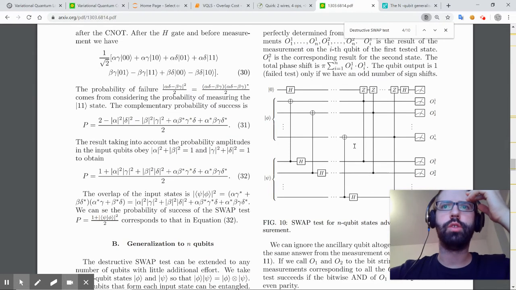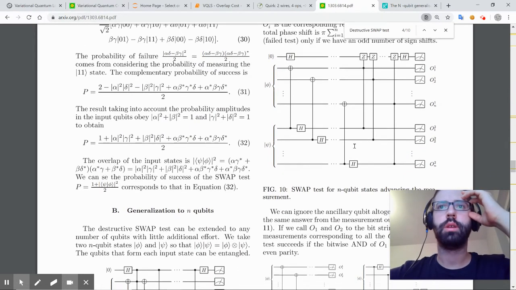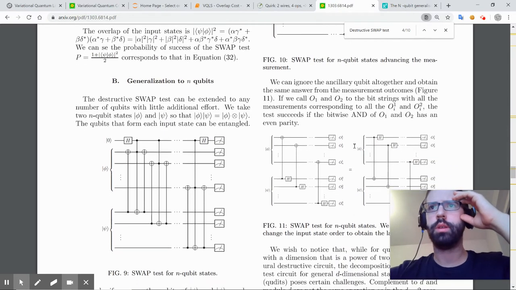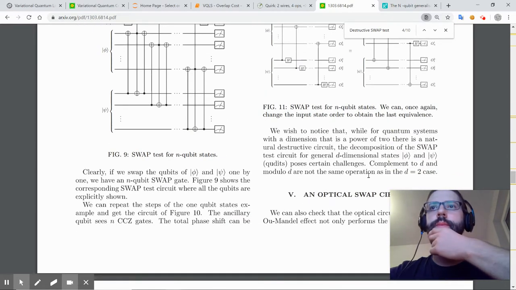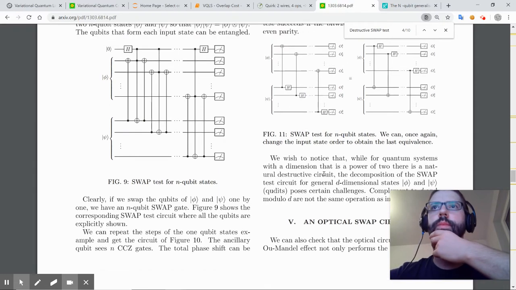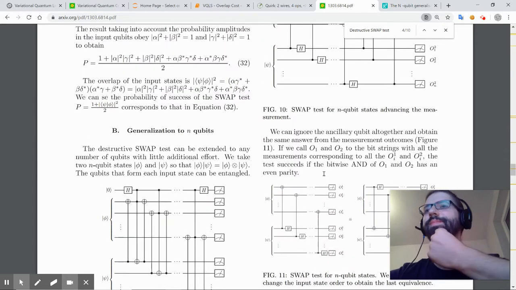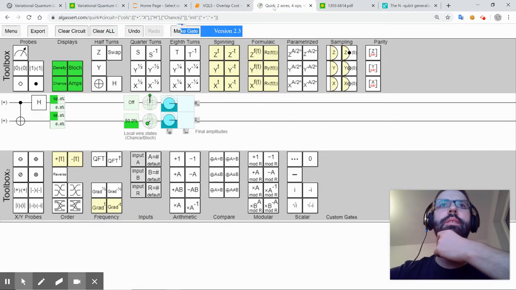Okay, this is the generalization to n qubits. See, the question is, I don't know if I have to apply this to.